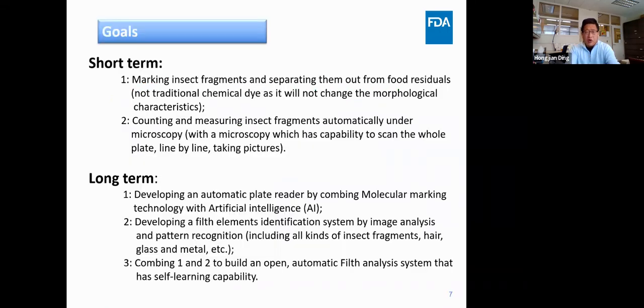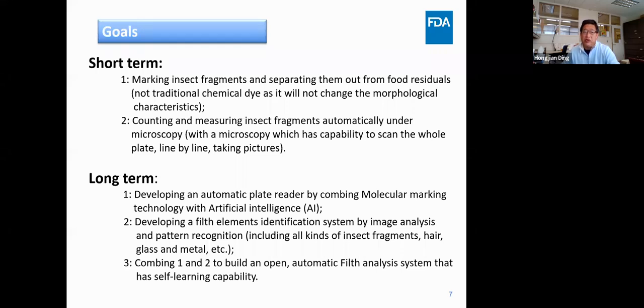So our short-term goal will be to mark insect fragments and separate them out from food residues. People may ask why you don't use a traditional chemical dye, like going to tissue and dyeing it blue and green.